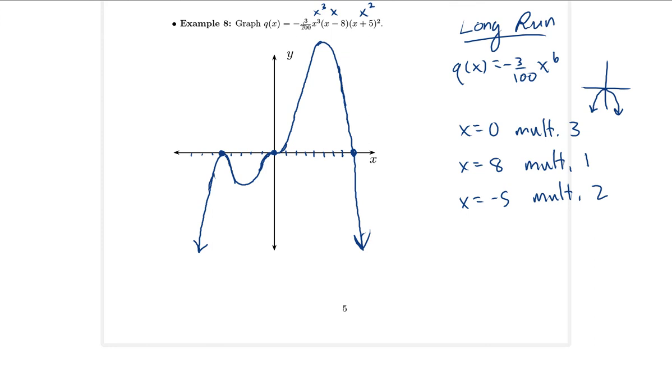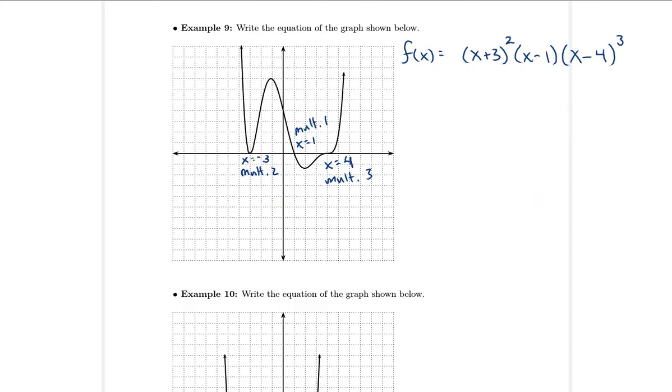The only thing this coefficient does is it multiplies y values essentially by negative 3 over 100. So it affects how high things get or how low things get, but it doesn't affect where the zeros are or what their behavior is. So what I would suggest here is that we understand that if I stuck a constant out here, call it a for now, then that would not affect the zeros and it would not affect their multiplicities.